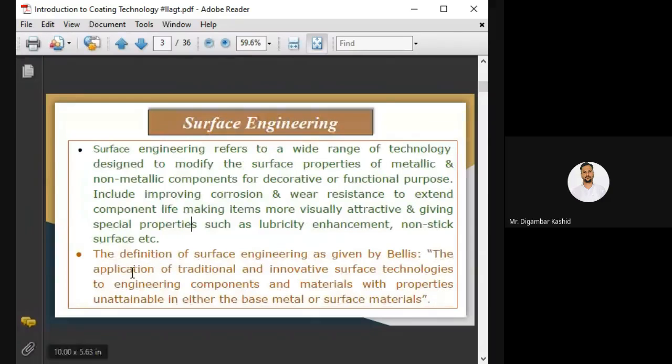Okay, now the standard definition of surface engineering is given by one author, or we can call him a researcher, that is Bailey.